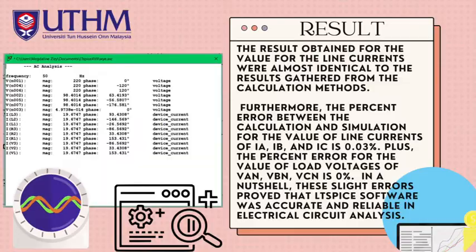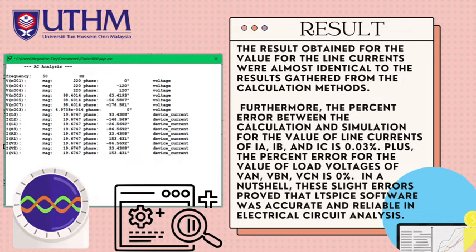So for the result and discussion, the theoretical calculation method that was used for this project is mesh circuit analysis. From the calculation method, the values for the line currents are: IA is equal to 19.68 with angle negative 26.56 degrees ampere.